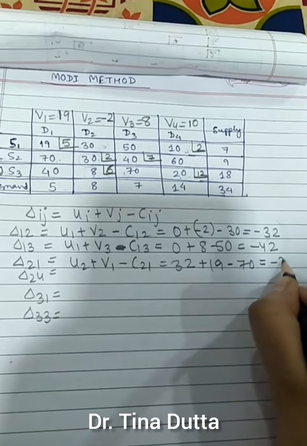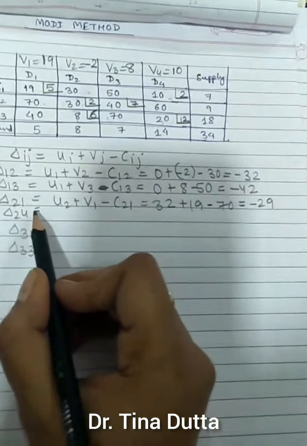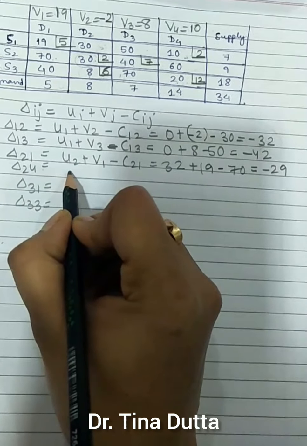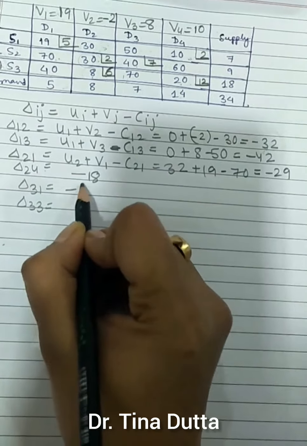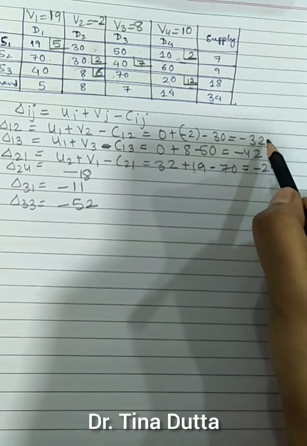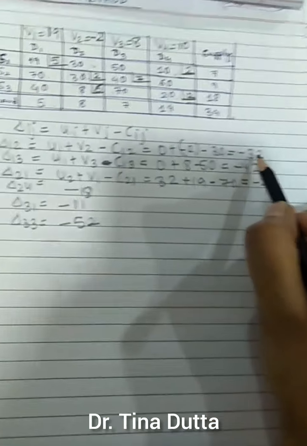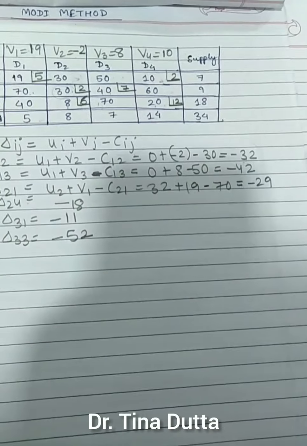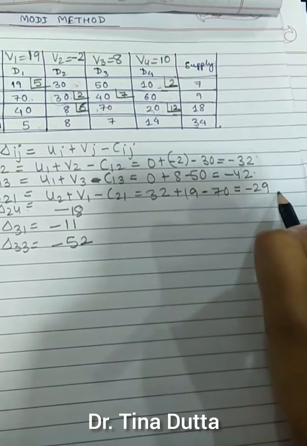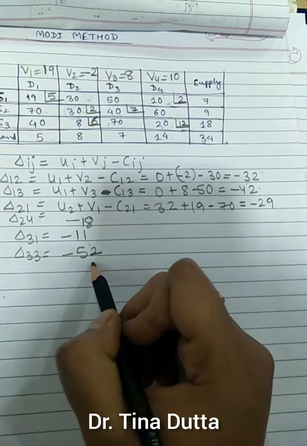The value is minus 29. And similarly for each unoccupied cell, if we calculate opportunity cost, it is coming minus 18, minus 11, minus 52. So you can see that all the opportunity costs for the unoccupied cells are negative now: minus 32, minus 42, minus 29, minus 18, minus 11, minus 52.